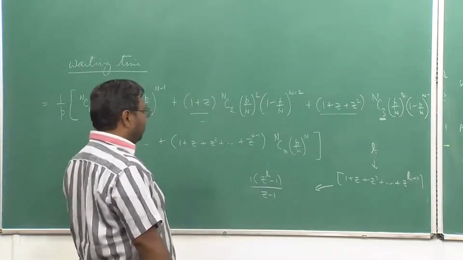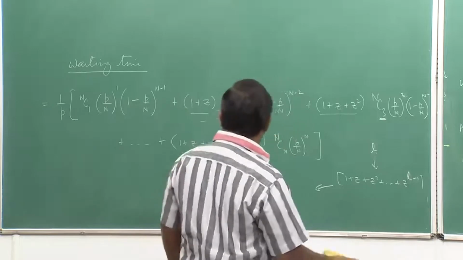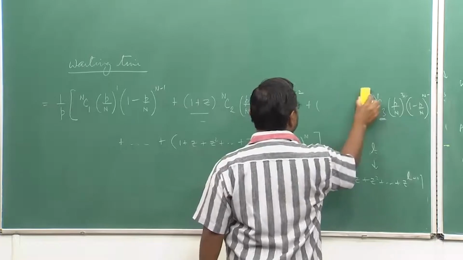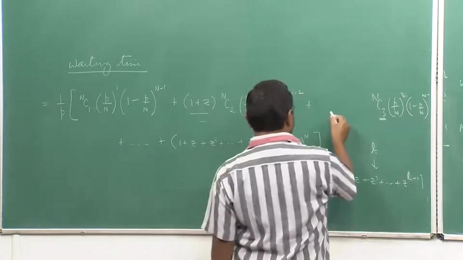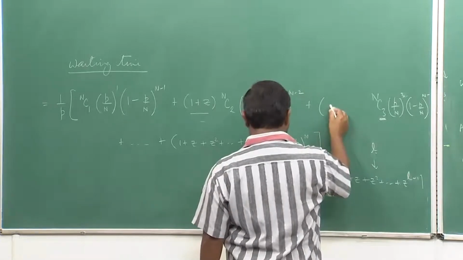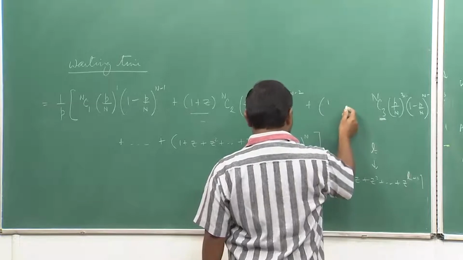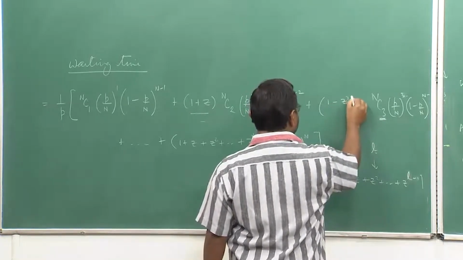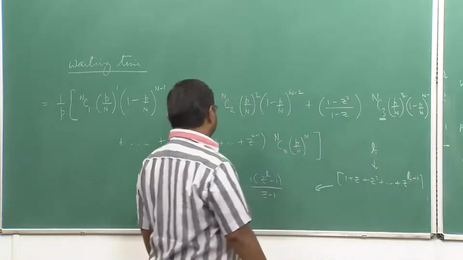So, I can very well replace most of these terms. 1 minus z will come here, 1 minus z cube, 1 minus z.